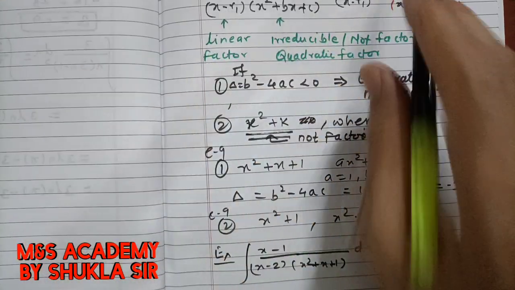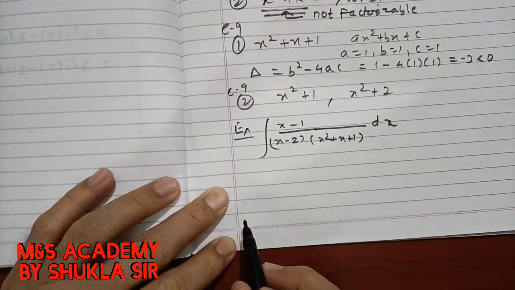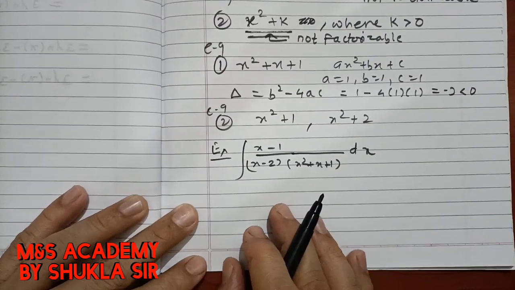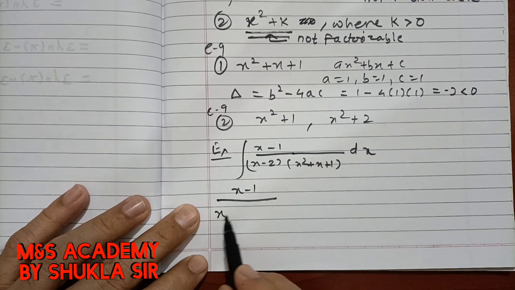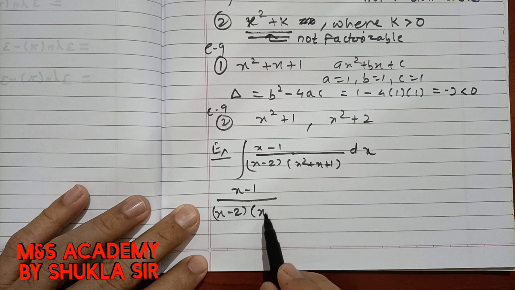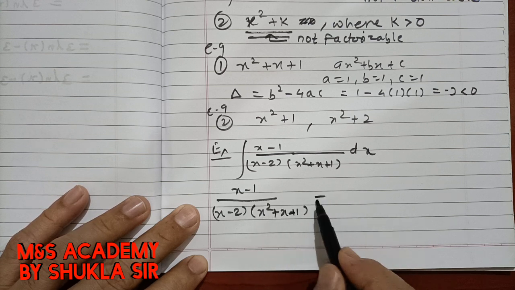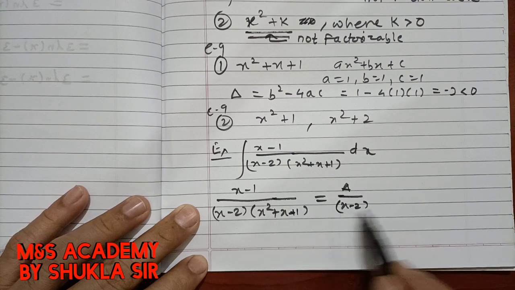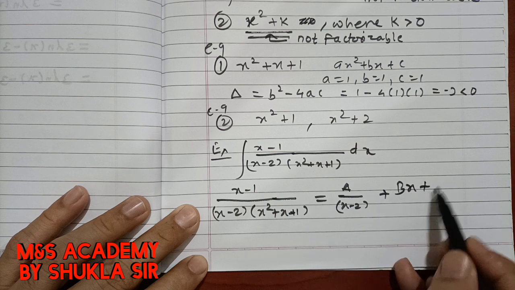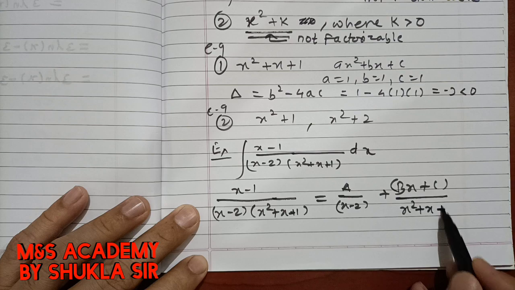So this is type 3. In type 3 we write it this way: x minus 1 divided by x minus 2 times x square plus x plus 1 is equal to A by the linear factor plus Bx plus C in one bracket, whole divided by the quadratic. This is my equation number 1.